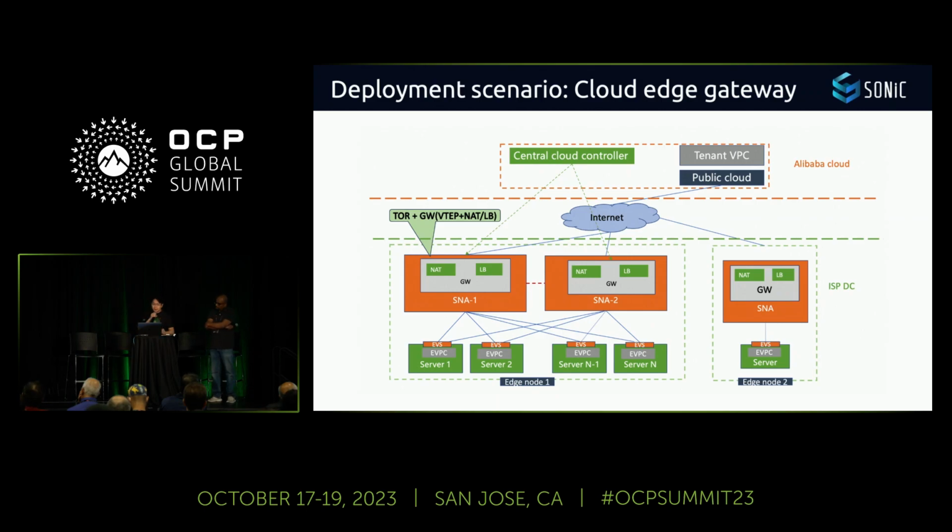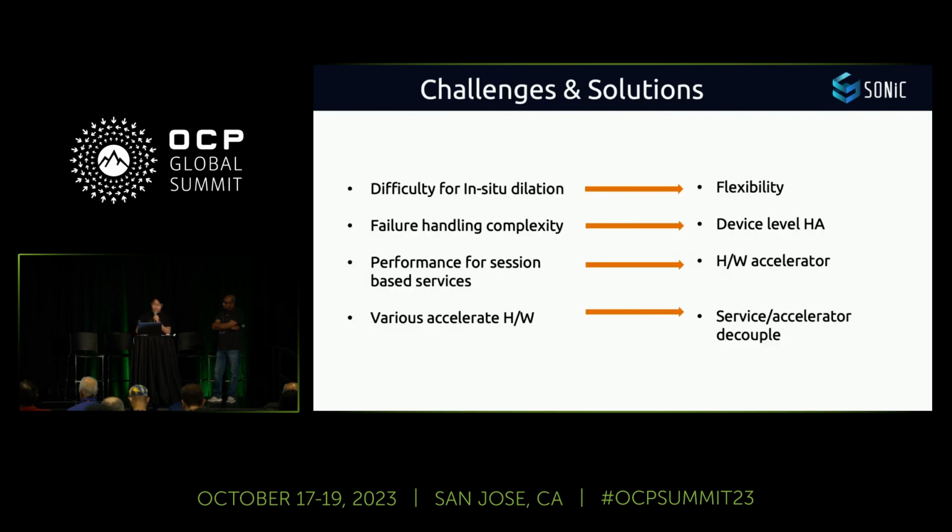It provides the capability of a virtual tunnel endpoint, that is, encap and decap of the VXLAN header, and it also has features for NAT, that is network address translation, and load balancer. So in this picture we can see a simplified use case of our Edge gateway.